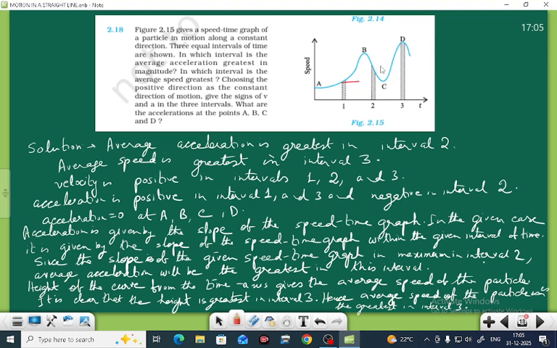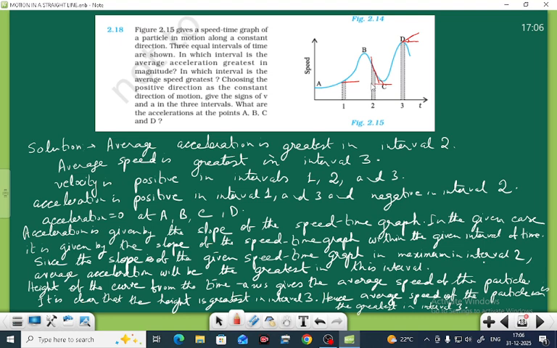And this is the slope at B. And you find the slope at C at this point. So you can find the slope is maximum in interval 2.